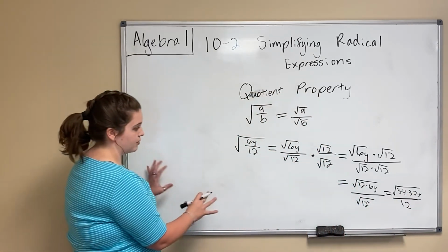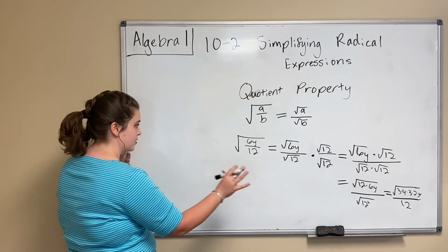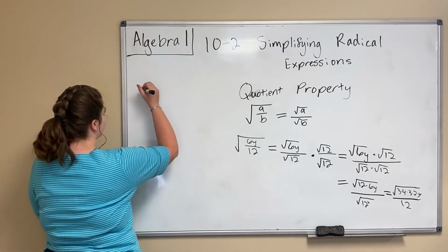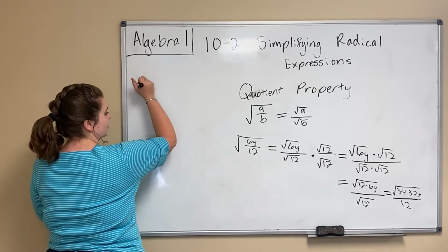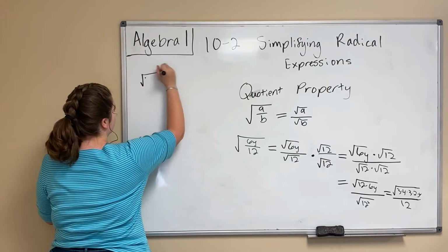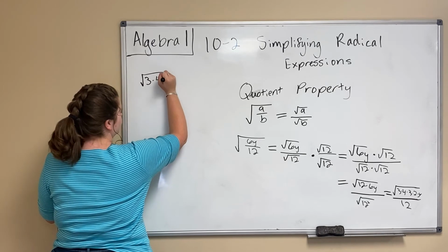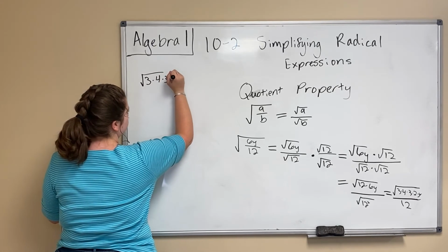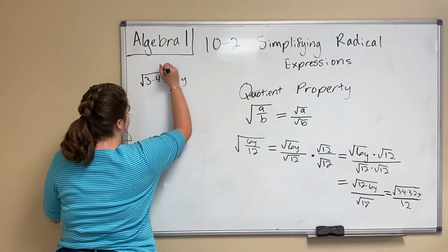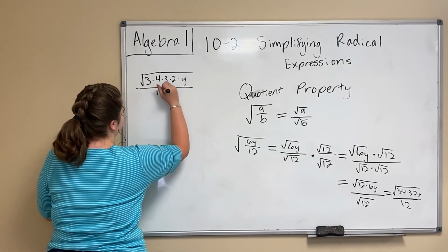I'm going to rewrite it over here where I have more room, but just hopefully don't get confused. Okay, so I have the square root of 3 times 4 times 3 times 2 times y. All of that is over 12 right now.